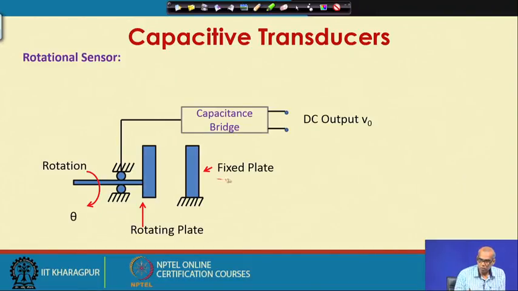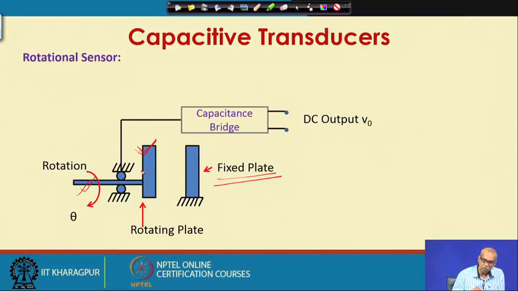So, we keep one plate fixed and the other plate is connected to the rotating object. So, this plate is rotating.